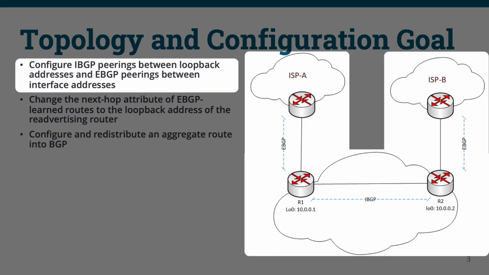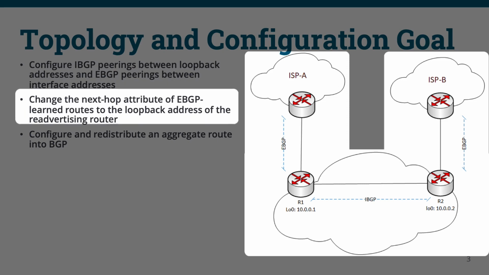We'll first configure BGP. We need to configure an iBGP session between the loopback addresses of R1 and R2, and an eBGP session between the interface IP addresses. Next, we'll configure the next hop self policy so that iBGP peers within our enterprise can use the routes learned over eBGP from our edge routers R1 and R2.